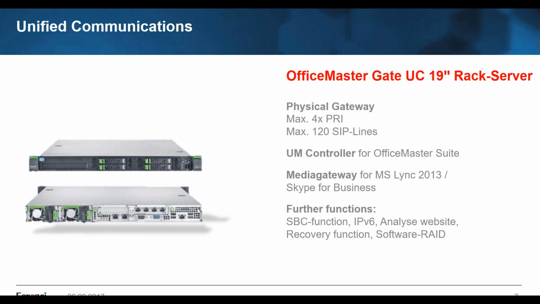It is also a unified messaging controller for the OfficeMaster Suite, also a media gateway for Lync and Skype for Business, and has also an SBC function, is IPv6 ready, and has also a recovery function and supports software RAID. Depending on the hardware, it also supports a hardware RAID function.